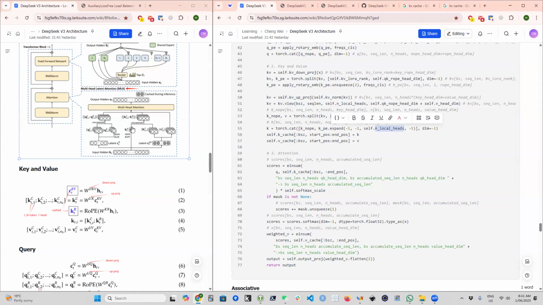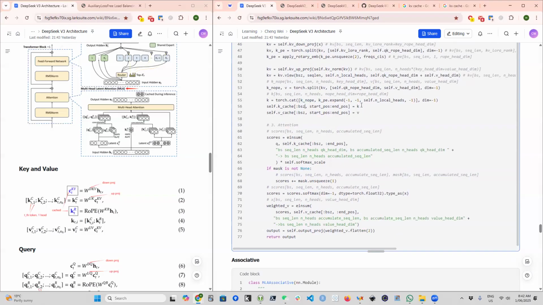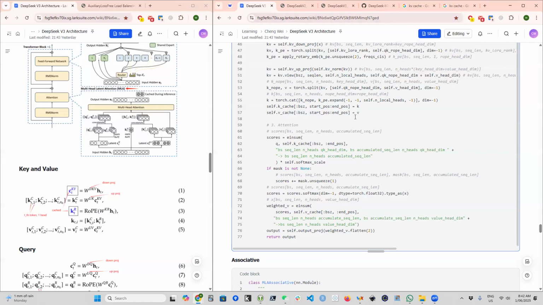Before, it only had one head, so it replicates to match the non-position embedding part, which has multi-head. So we concat. Then we put this key and the value into the cache, because this part is only meaningful for inference.